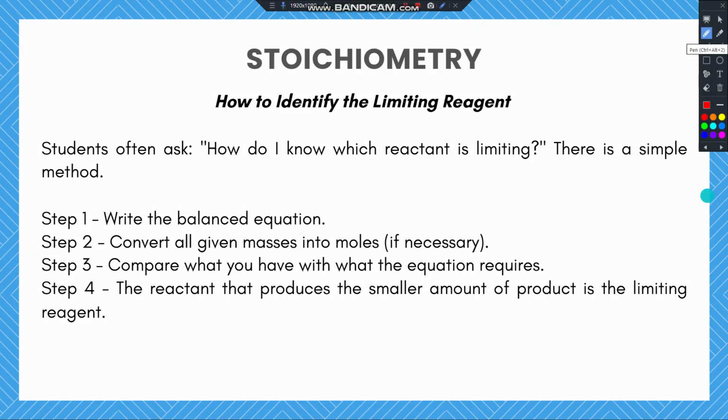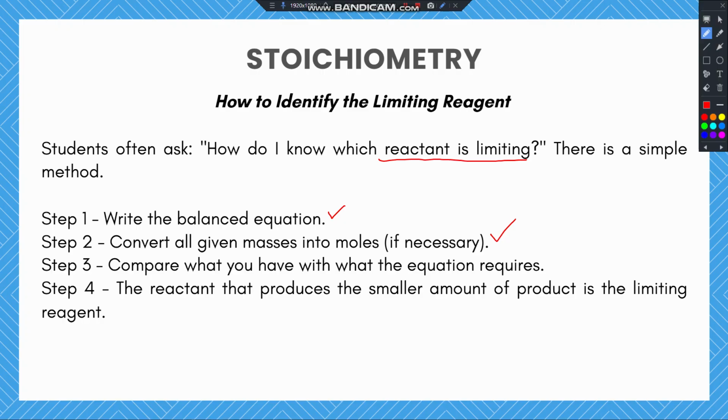So now let's go into the meat of today's video. You might be thinking, how do I know which reactant is limiting? Well, there is a simple method to do that. Step number 1 is to write the balanced chemical equation. Step number 2 would be to convert all given masses into moles if that is necessary.